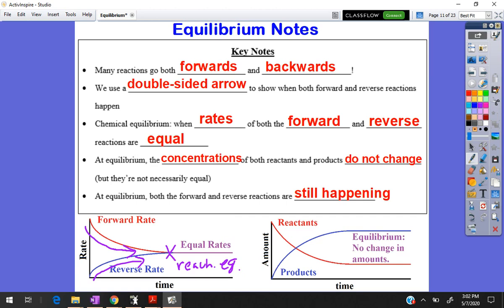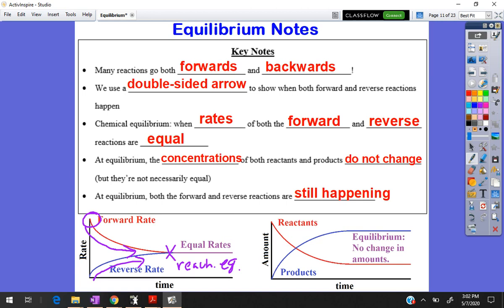Now let's think about this conceptually for a minute. When we are looking at the rate of the forward reaction, it starts off relatively high because I have all reactants and very few products. Since I have a lot more reactants, they need to collide with each other to form products. And when they collide with each other to form products, we see a decrease in the amount of available reactants.